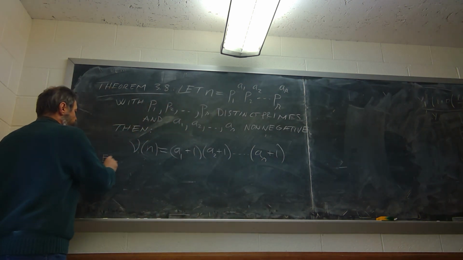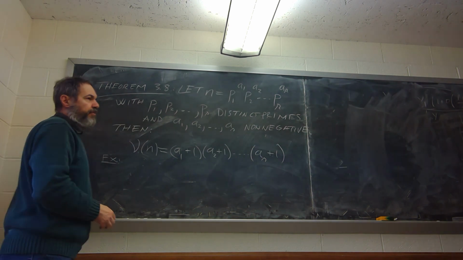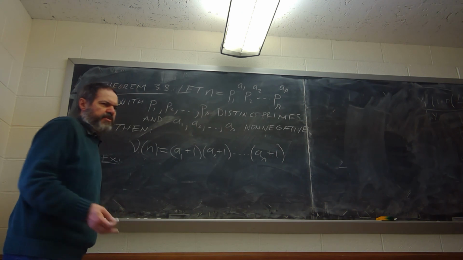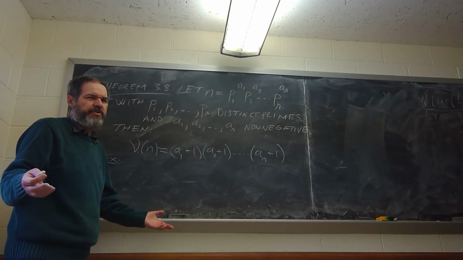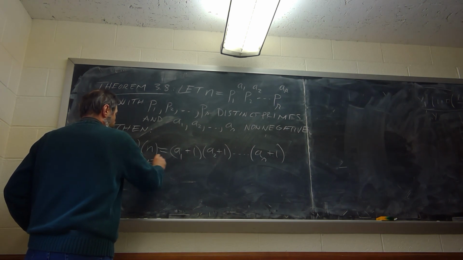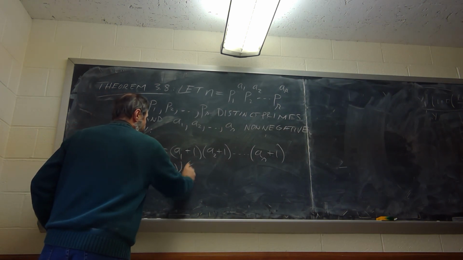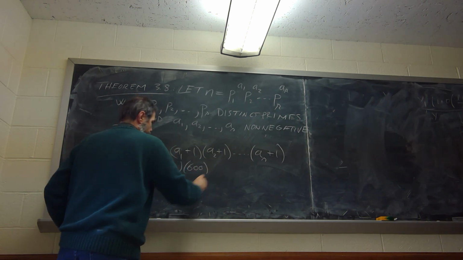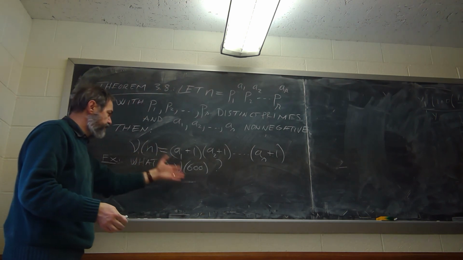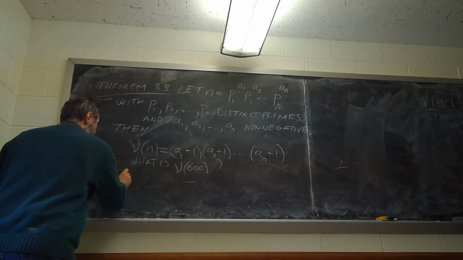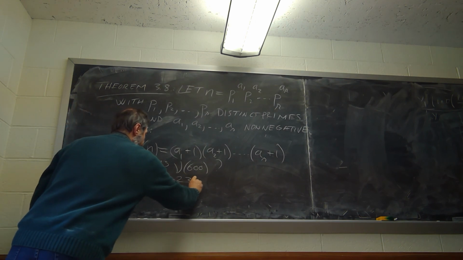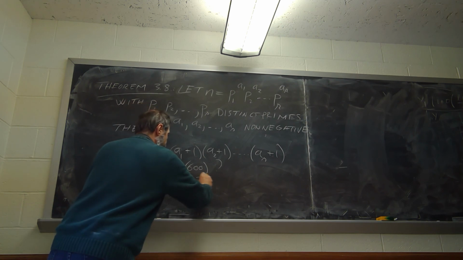As an example, it would be pretty painful to list all the divisors of a number like 600. There are lots of those. Let's see, can we do it quickly? I just look at the prime factorization. 600 is 6 times 100, so 2 times 3 times 2 squared times 5 squared.